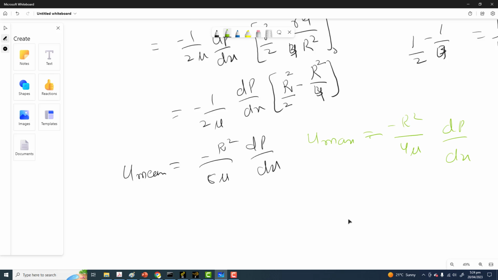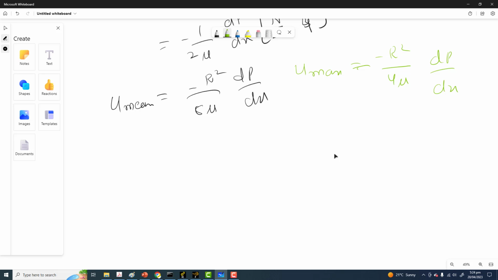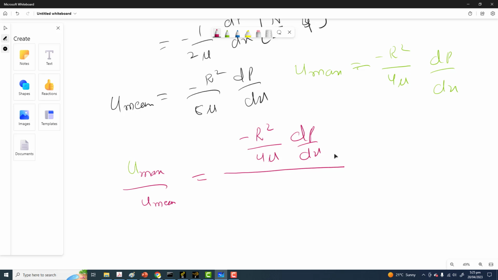If we divide the u maximum by the u mean, what you get is u maximum upon u mean is equal to minus R square upon 4 mu dp by dx, over minus R square upon 8 mu dp by dx, which is the u mean.